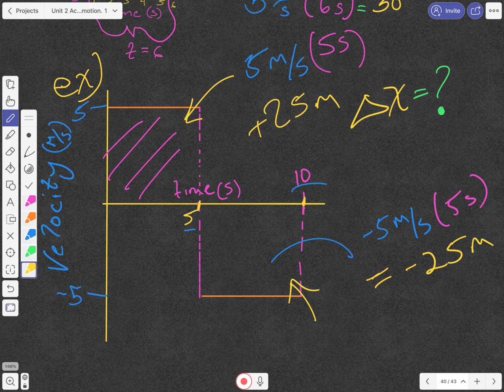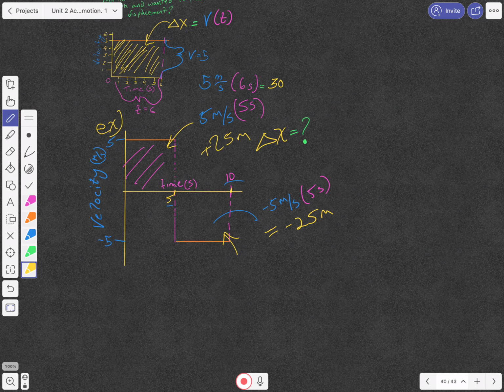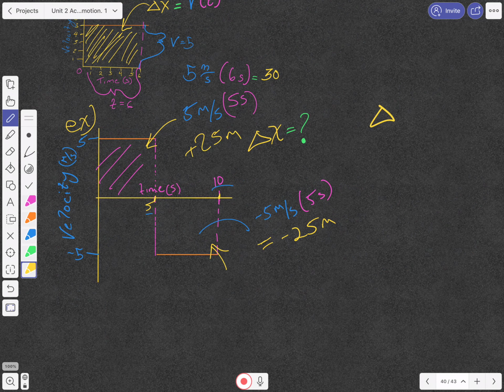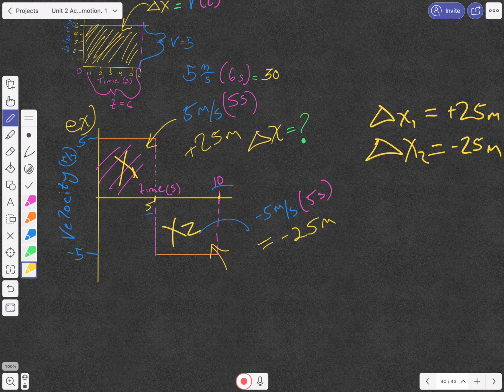So now this is our delta x1 is equal to positive 25 meters. Our delta x2, saying this is x1, x2, is equal to negative 25 meters.